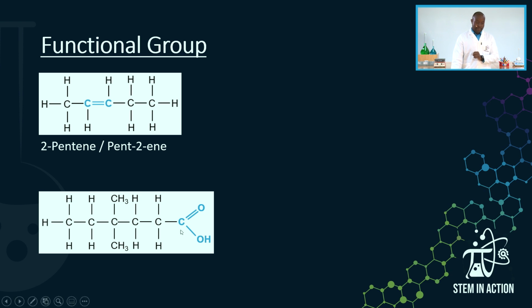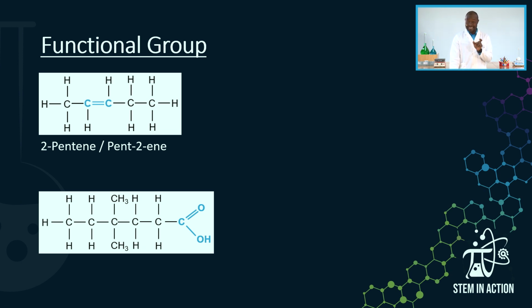So starting from this carbon, we are looking for the longest chain, right? So we say 1, 2, 3, 4, 5, but that is not the longest chain. So we try again 1, 2, 3, 4, 5, 6, right? So the longest chain in this compound is 6 carbons.